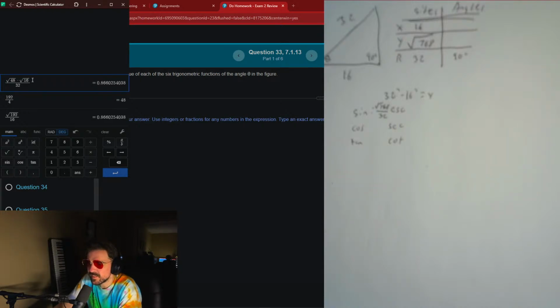Holy shit. We should make this square root of 48 over 4.